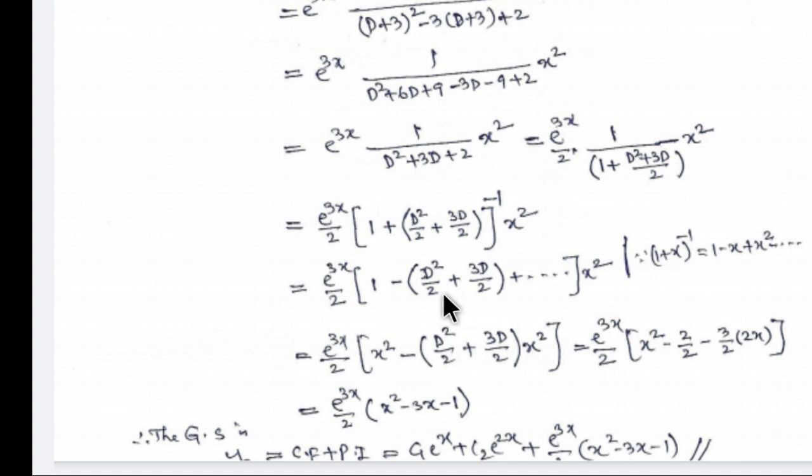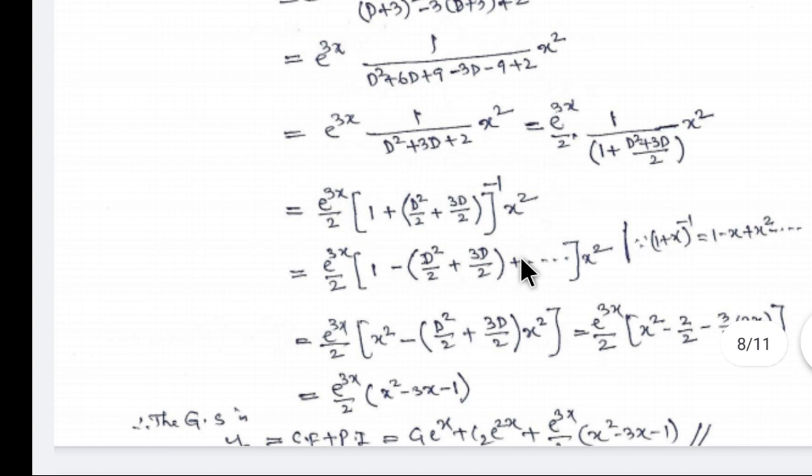Using the expansion of 1 plus x raised to minus 1, which is 1 minus x plus x square and so on, here you get 1 minus x. Square of this means higher order degree terms, and the higher derivatives of x square become 0, so all higher degree terms are neglected.